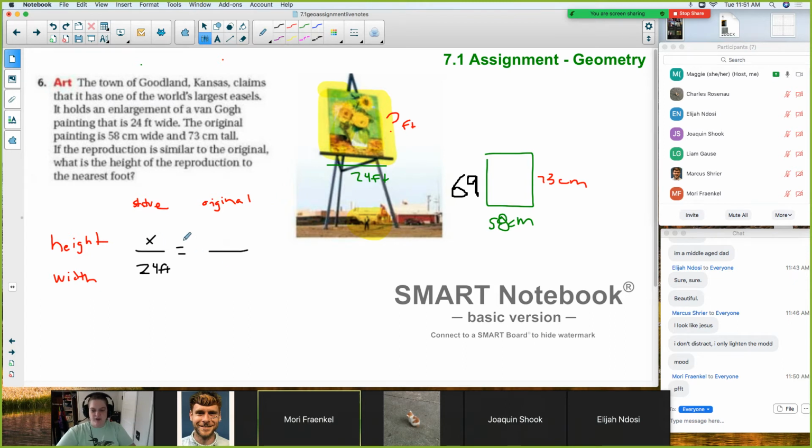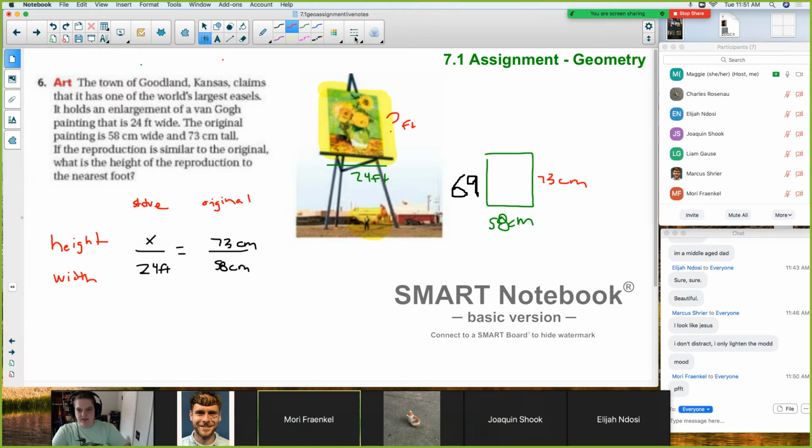It's just that if the column all of itself doesn't match, or the row doesn't match, one of them, then we'll be good. So then we need the width of the original, which is 58 centimeters, and then the height of the original, which is 73 centimeters. So again, as long as this fraction is centimeters and this one will ultimately be feet, that's fine, that these ones across don't match, because you just need to make sure that either the rows or the columns match.